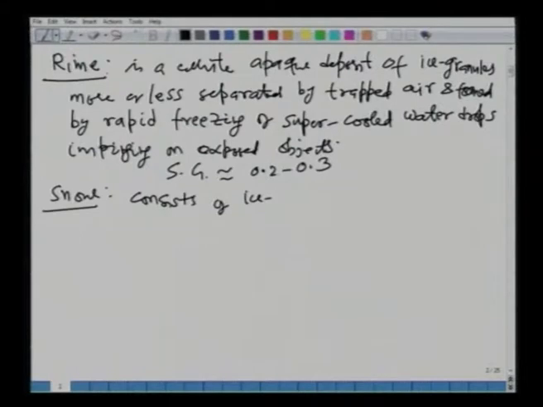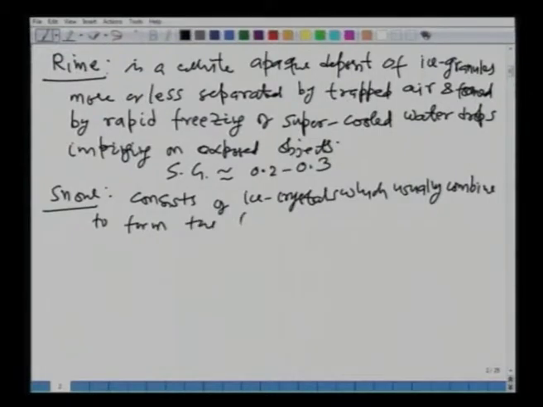It consists of ice crystals which usually combine to form the flakes or the snowflakes. Okay. So, it is a solid form of precipitation in which the water is falling in the solid phase in the form of ice crystals or snowflakes.